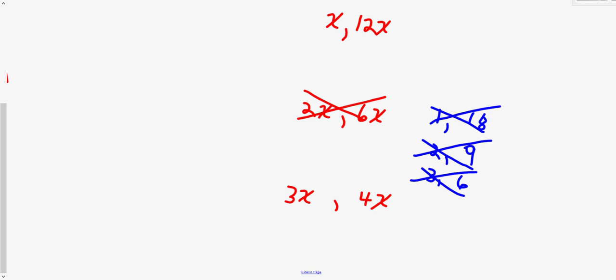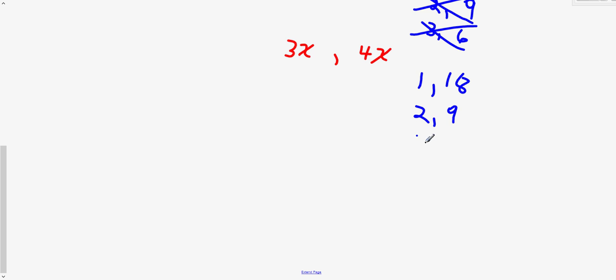So once again, we could use the factors of 18: 1 and 18, 2 and 9, and also 3 and 6. So let's try this set with the 3x and the 4x.